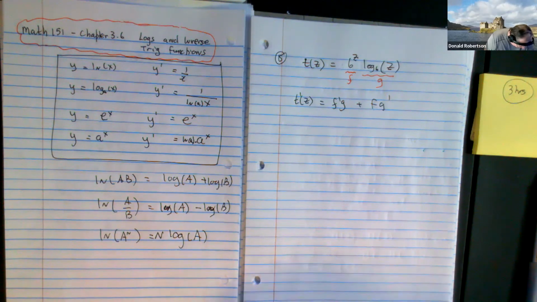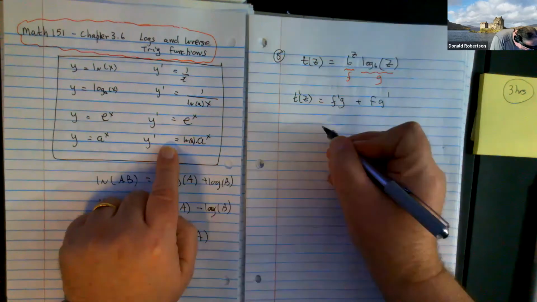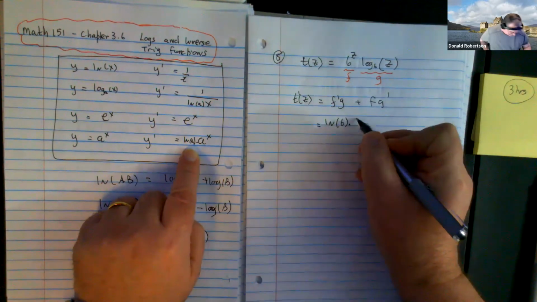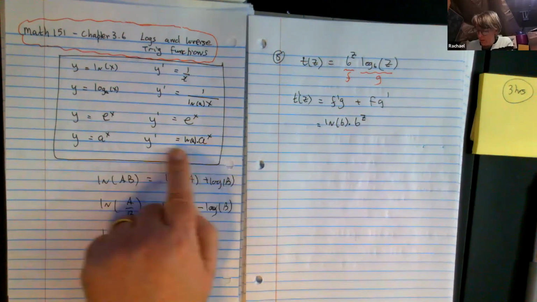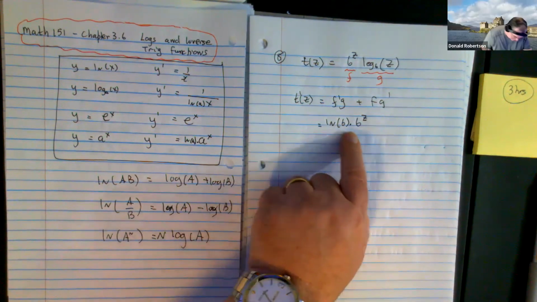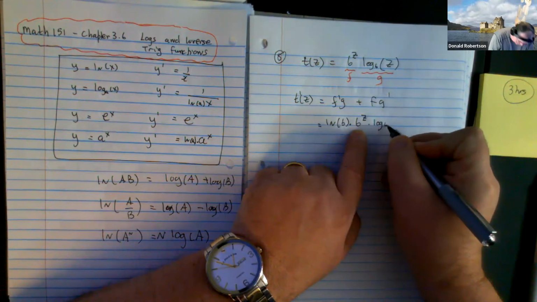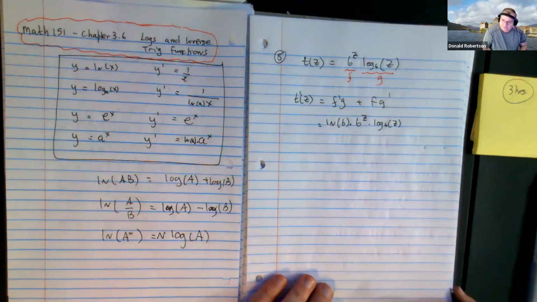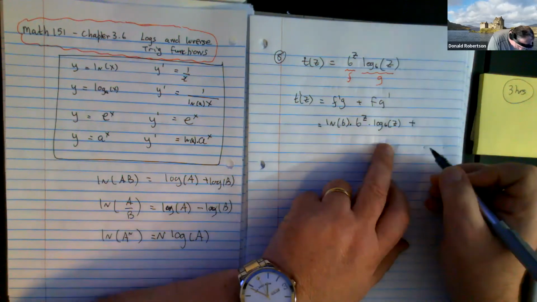Now, if you differentiate 6 to the z, the derivative of 6 to the z is the natural log of 6 times 6 to the z. I'm using this rule here where a is 6. That's f dash. Then you do g, which is the log to the base 6 of z, plus 6 to the z.